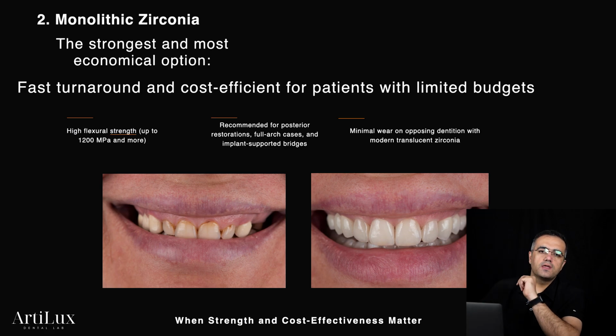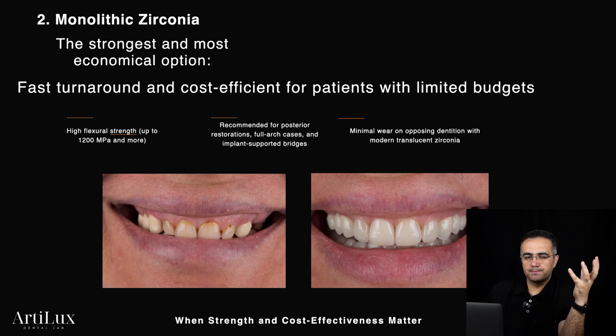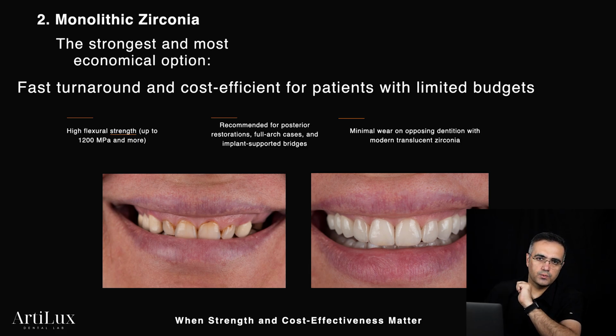Now let us come to the monolithic zirconia. When we say monolithic zirconia, it is a very strong material, but we should consider that it is not a very beautiful material, especially if you are not using the multi-layer or multi-translucency zirconia blocks, then it will be very challenging to match the color with the natural tooth.